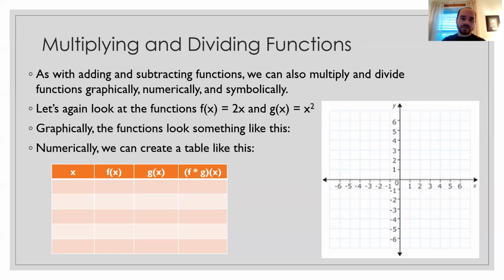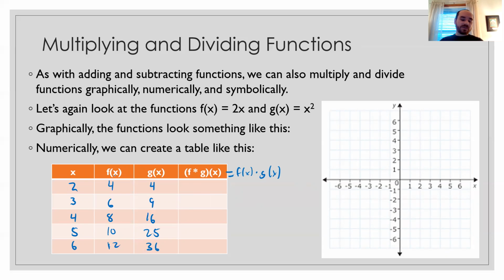Numerically, we can create a table, again, much like this. Let's use the functions instead of our graph this time. Let's pick different numbers, 2, 3, 4, 5, and 6. Since f of x is just 2 times x, again, we'll just double these numbers: 4, 6, 8, 10, and 12. And then g of x is x squared, so 2 squared is 4, 3 squared is 9, 4 squared is 16, 5 squared is 25, and 6 squared is 36. Now, f times g of x is equal to f of x times g of x.